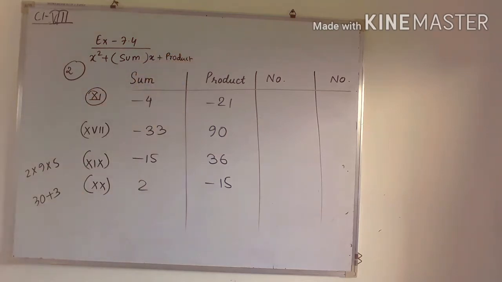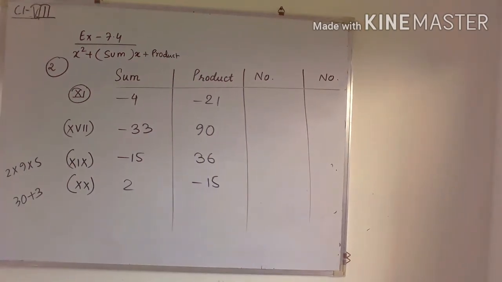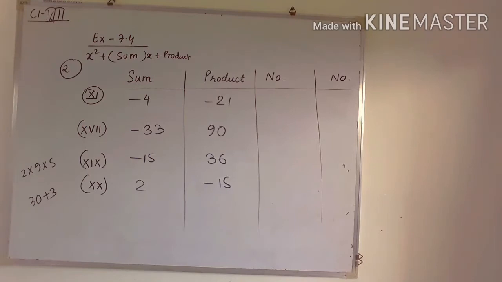Okay. So this was the formula which I already discussed in the last lecture. So see here how to find the two numbers using the sum and product.